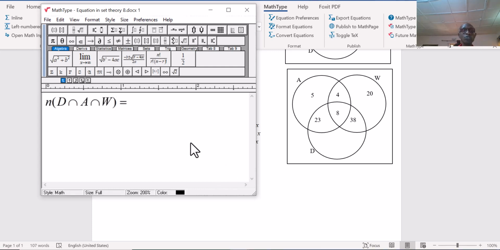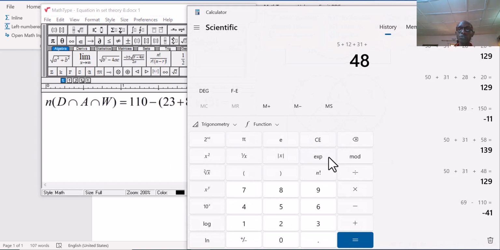The total number of doctors we are given is 110. So if you now subtract, that will be 23, everything in brackets, plus 8 plus 38. So subtract that. That will give us, let's do the addition.